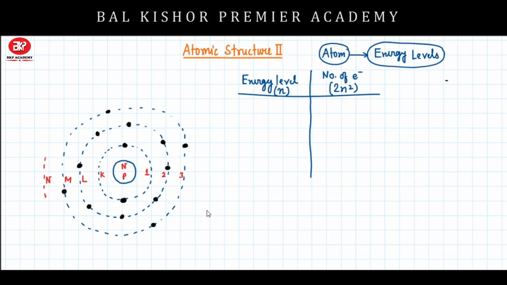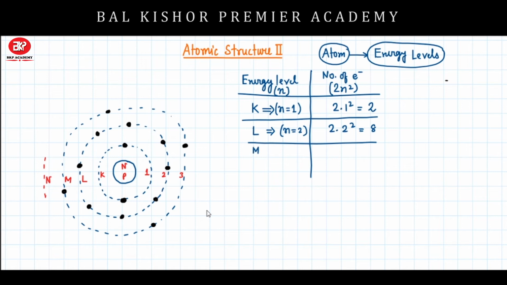Suppose we talk about the K energy level: here the n value is 1, so the total number of electrons is 2 into 1 square, that is 2 electrons. Similarly, for the L energy level, n is equal to 2, so it is 2 into 2 square, so a total of 8 electrons.